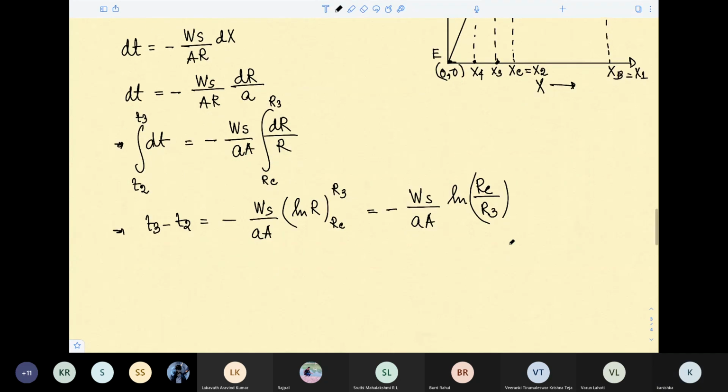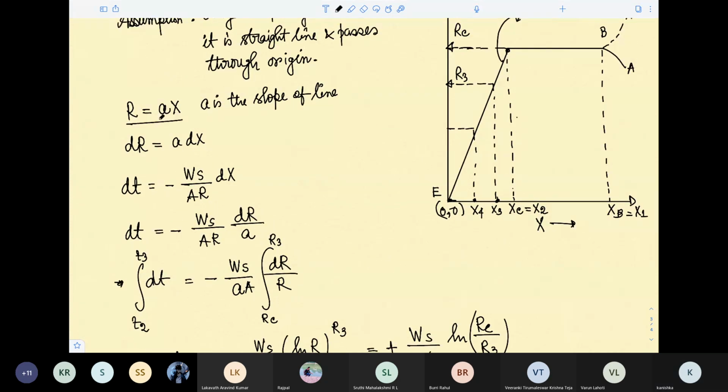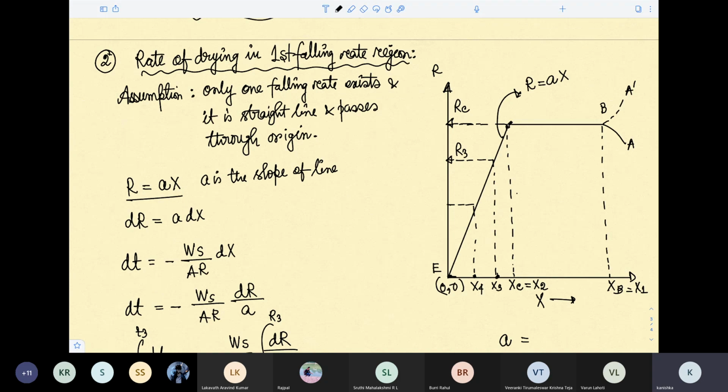Okay. So we can write, let's say delta T1 equals, sorry, this has to be plus, WS by, now A is R by X. If you look at it, A is the slope, so slope here, here, here, here, it remains same.